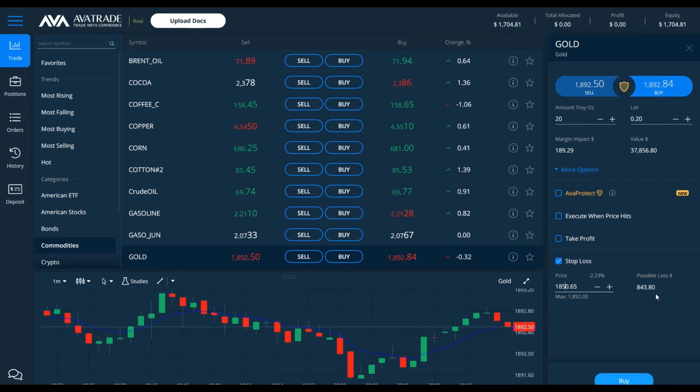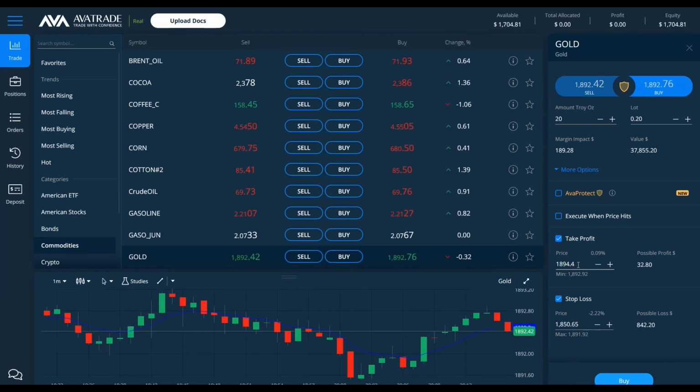And you could say, maybe that's more than I want to risk on this move, but I still want the potential profit. If the price goes to 1950 in this example, then I would make over $1,000, right? 1,144. See, it's calculating it for me.